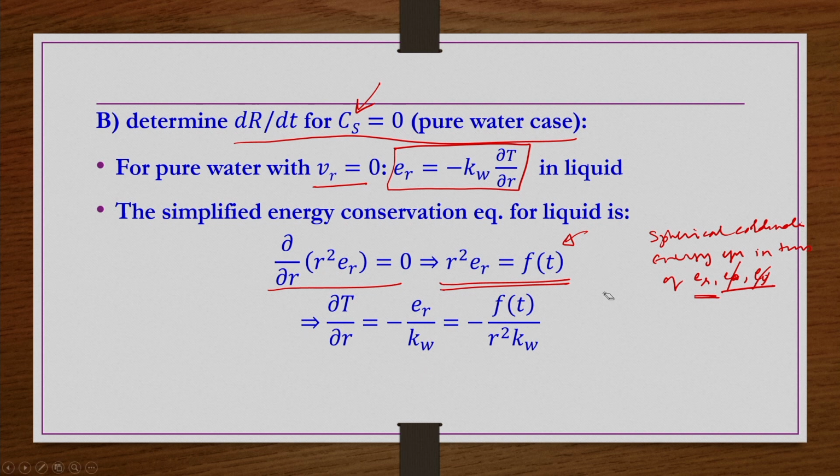So from this equation we can write dT by dr equals minus Er by Kw, and Er is nothing but f of t divided by r squared, with the minus sign and division by Kw as it is. If you solve this, you get the temperature profile.